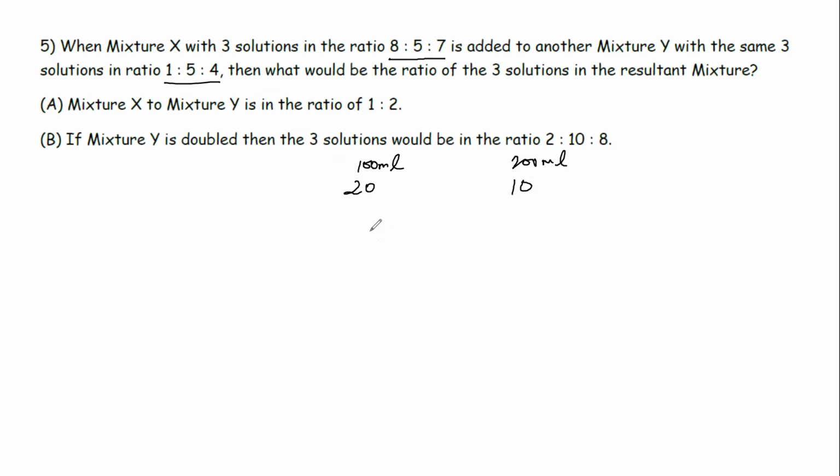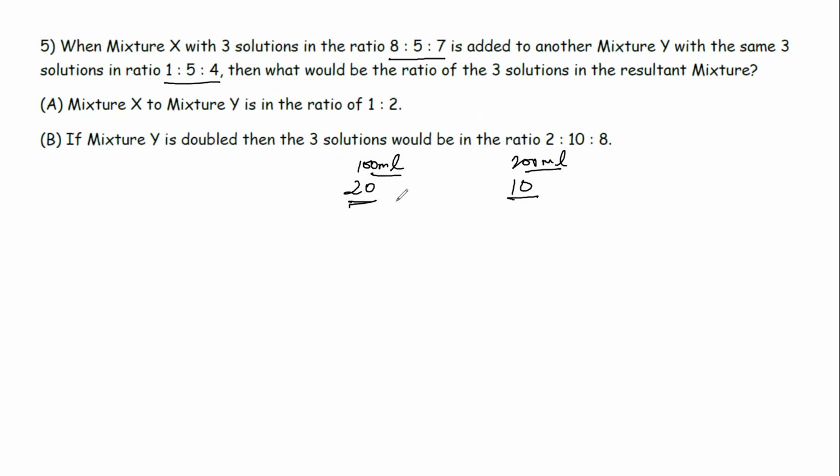But what I'm trying to say is that we might take it as 20 ml and 20 ml and solve it, or we can take it as 100 ml and 200 ml and solve it.